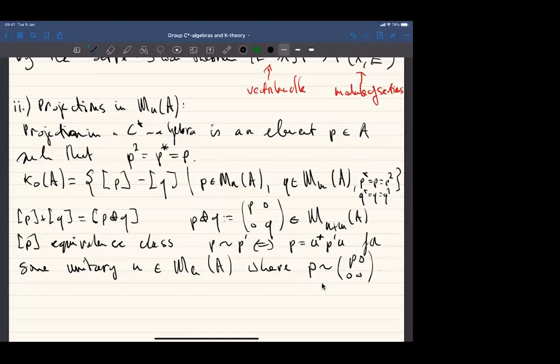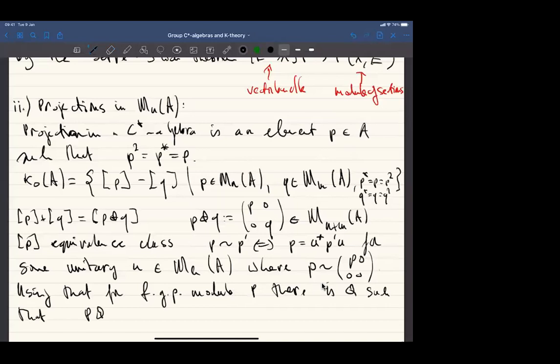So this is a more hands-on description of specific elements, and to see how it links to the first description, we use that for a finitely generated projective module P, there is Q such that P plus Q is A to the n.